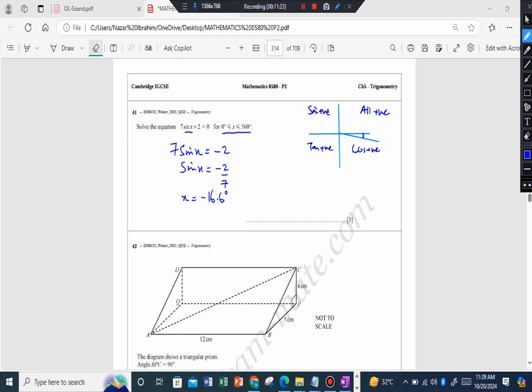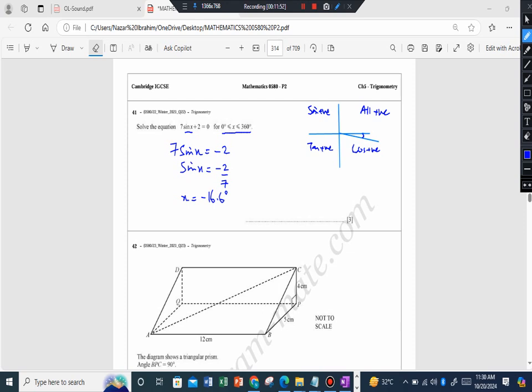So since the answer of sine is negative, we should see which quadrant our angle should lie in. According to the quadrants and ratios written here, it should lie in the third and fourth quadrants, because the first quadrant has all positive, the second has sine positive, so no, but third and fourth work.